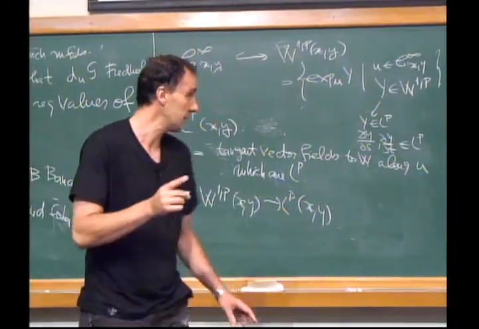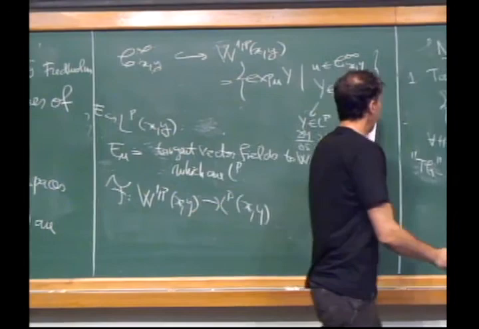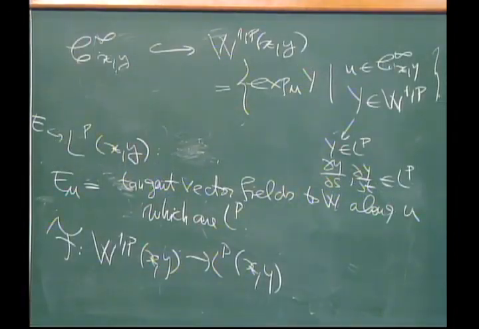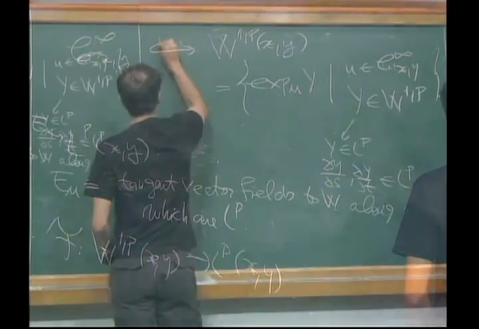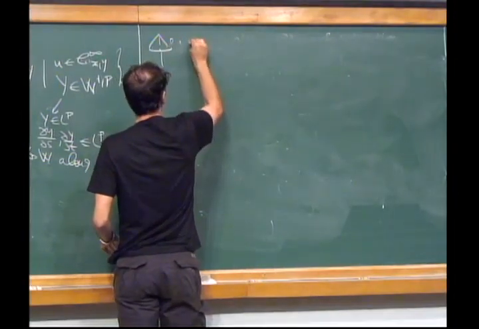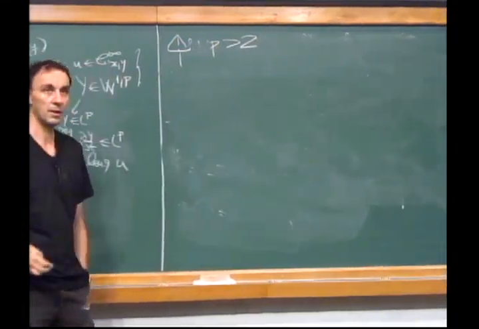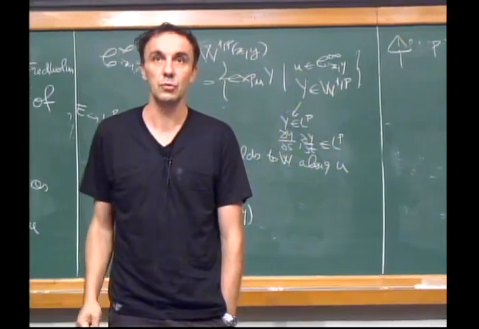Now, some important thing to emphasize here is that we have to take P strictly greater than 2 for 2 reasons.